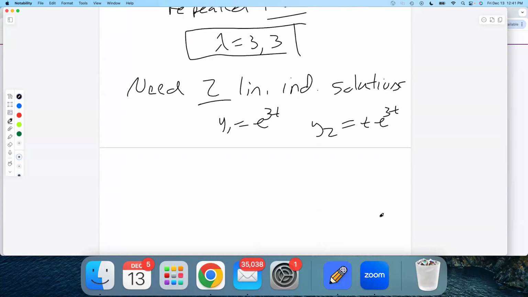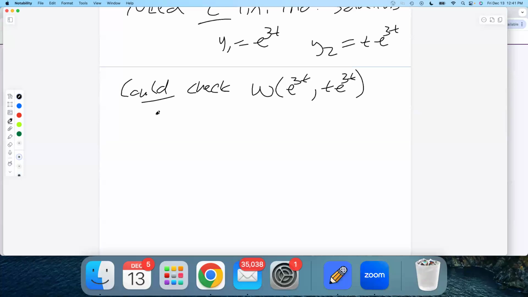Now we could go through and check. We could check the Wronskian. Remember, the Wronskian determines if functions are dependent or independent. Just to refresh your memory, we would put the two functions here, and then we would put their derivatives here.